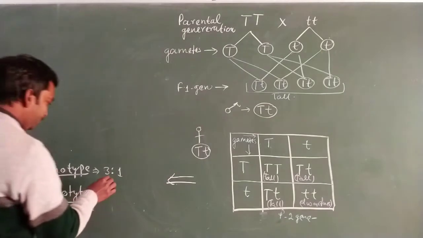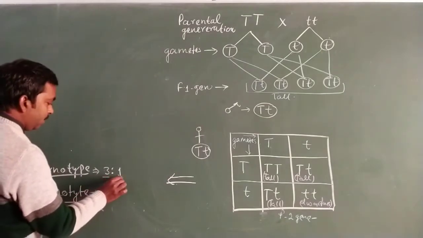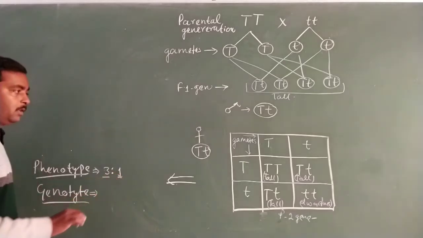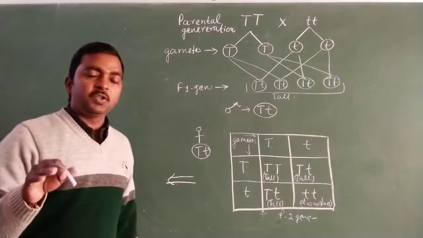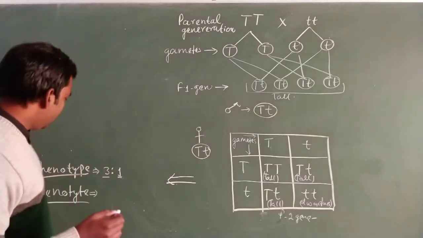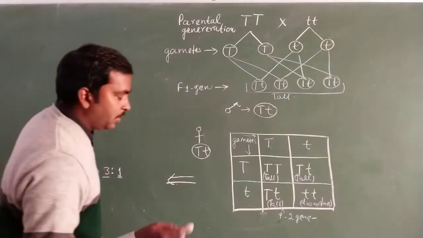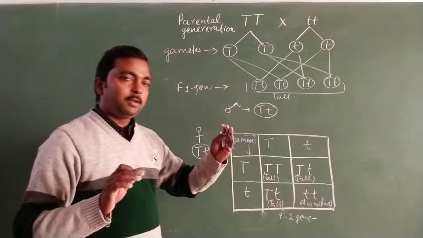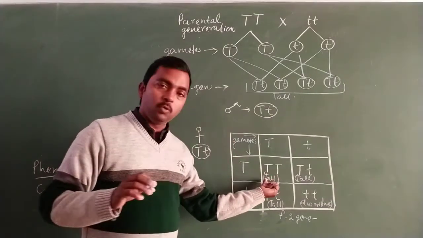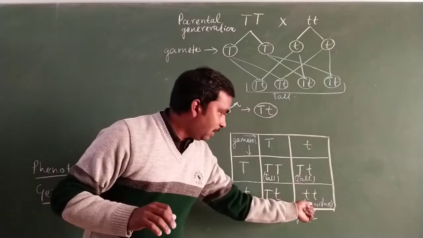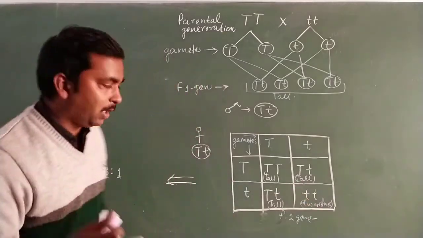So the phenotype is represented as 3:1 in the F2 generation of the monohybrid cross, while in the genotype we can observe one homozygous tall, two heterozygous tall, and one homozygous dwarf.